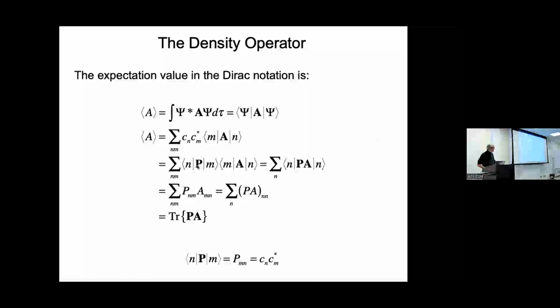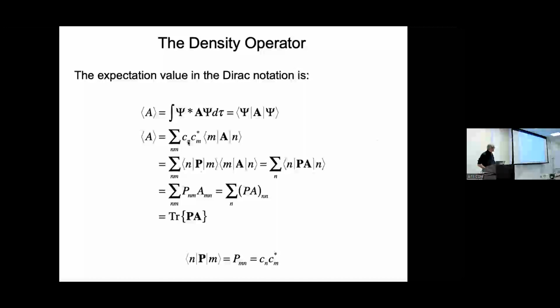So I've invented an operator P and said that the result of P operating on the ket m, integrated over the bra n, are these two numbers, c_n and c_m star. And this then is called a projection operator.